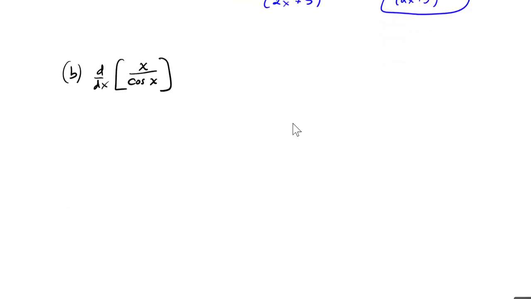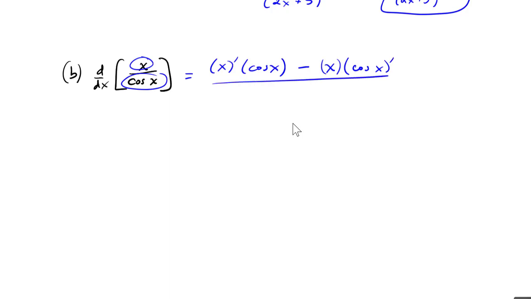All right, let's do one a little bit differently. A different example. All right, so we have the top is x, the bottom is cosine x. So remember, we have the derivative of the top times the bottom as it is minus the top x times the derivative of the bottom all over the bottom squared.